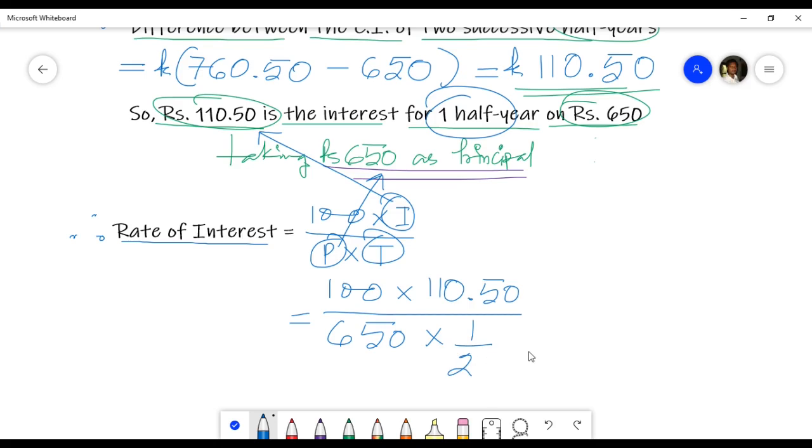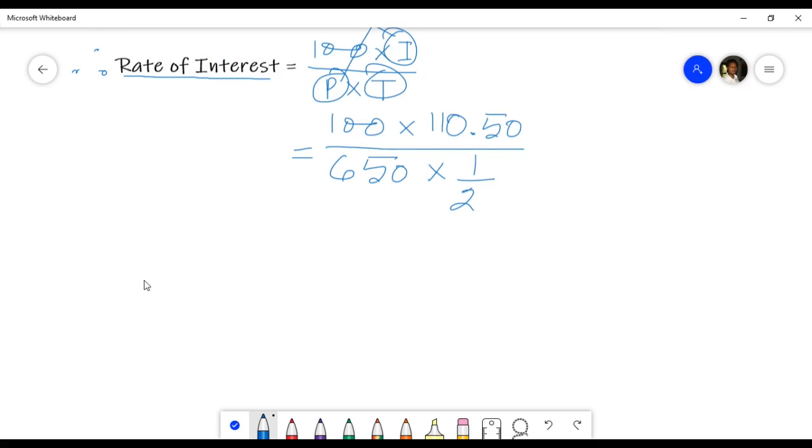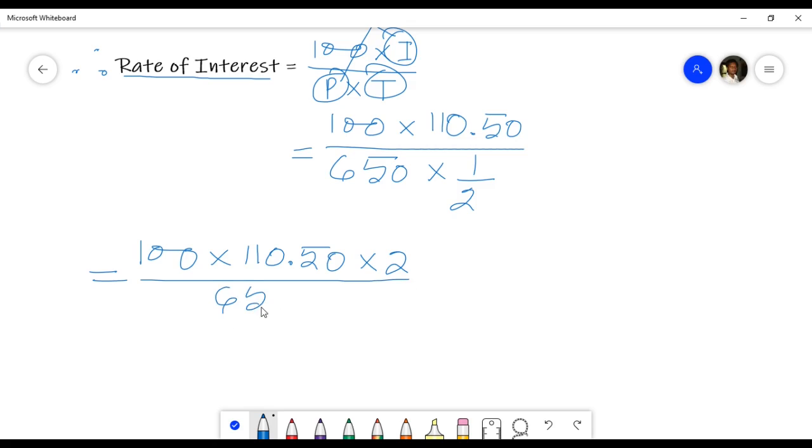Now we have to simplify it further. It's not very hard. I will just try to show you how we can simplify it without any problem. So 100 into 110.50. Now half will be reciprocaled, or when we take the denominator 2 to the numerator, then 1 is left as the denominator.